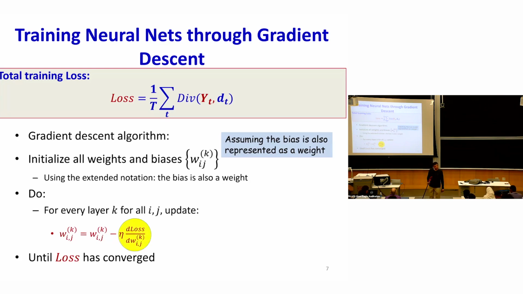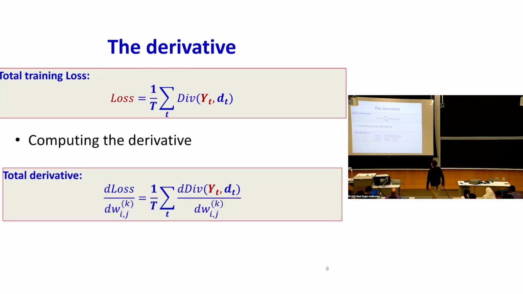So the derivative of the loss with respect to network parameters w_ij is what we need to compute. Now, how do we compute that? That's what this lecture and the next lecture are all about. So once again, the loss is the average divergence over the training set.